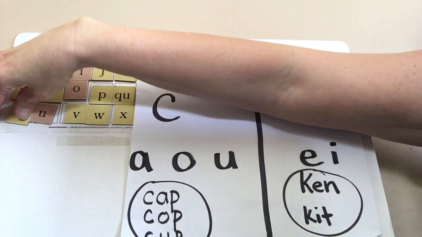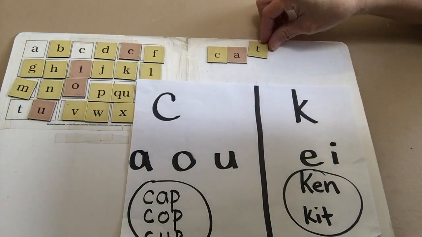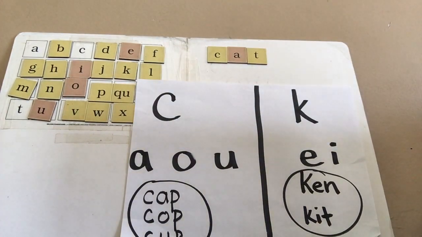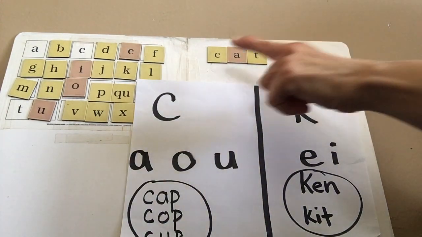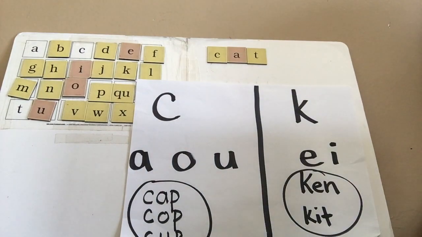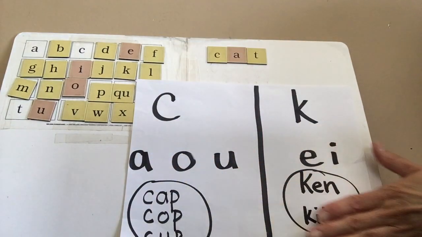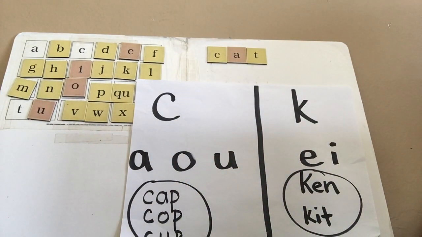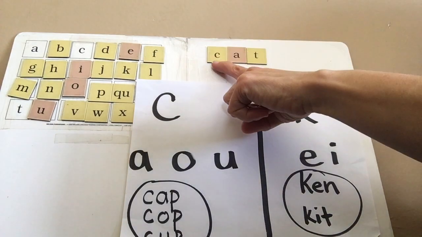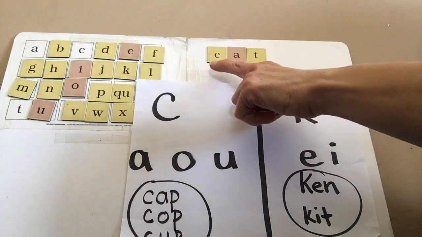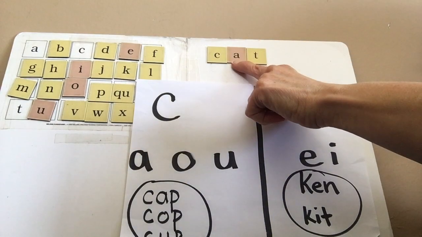Very good, T. So once again, the question is, why does cat begin with the letter C? Think about it. Look at the chart to help you. Very good, boys and girls. Cat begins with the letter C because after the K, you hear ah.